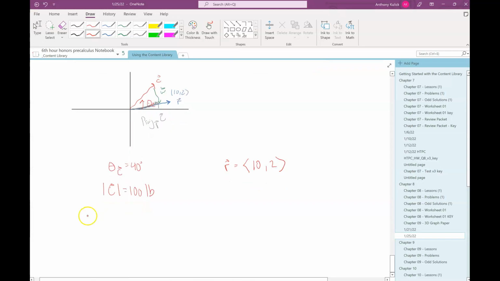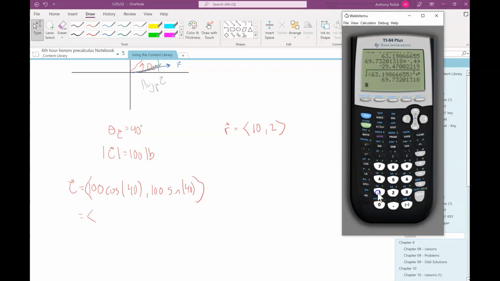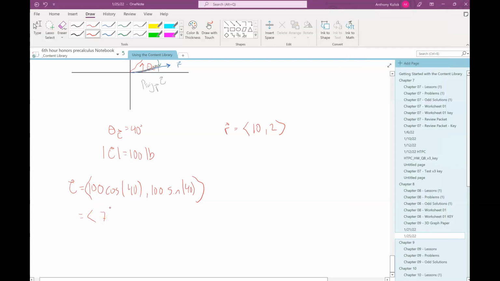Okay. I'm going to go ahead and convert C into component form now. So 7660 and 6428.